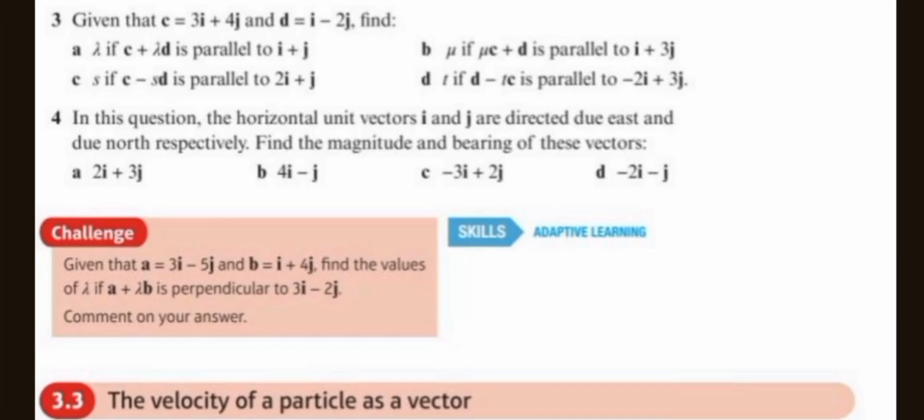So number 4. In this question, the horizontal unit vectors i and j are directed to east and to north respectively. Find the magnitude and the bearing of these vectors. So we're going to do number 2.